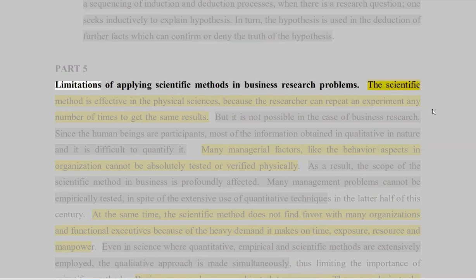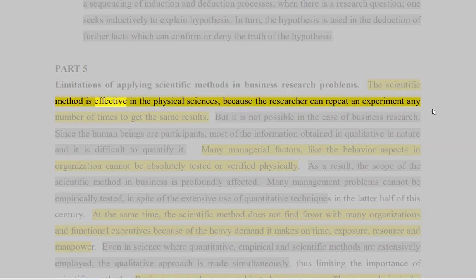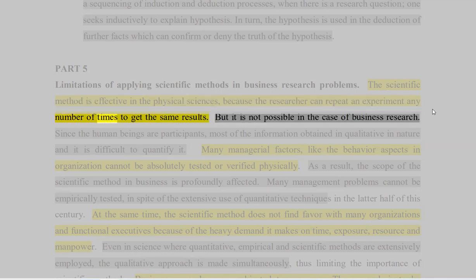Part 5. Limitations of applying scientific methods in business research problems. The scientific method is effective in the physical sciences because the researcher can repeat an experiment any number of times to get the same results. But it is not possible in the case of business research.